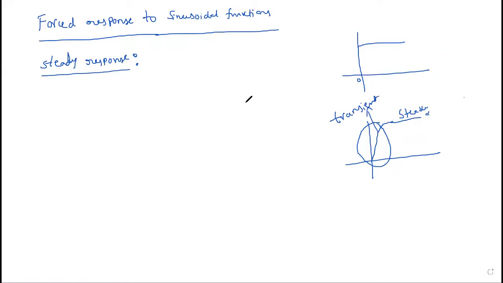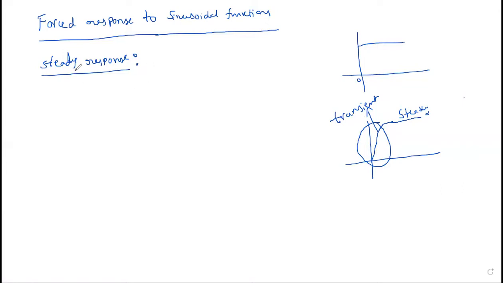Therefore, when you apply a forced input, you will have both transient response and steady state response. It is the combination of both.